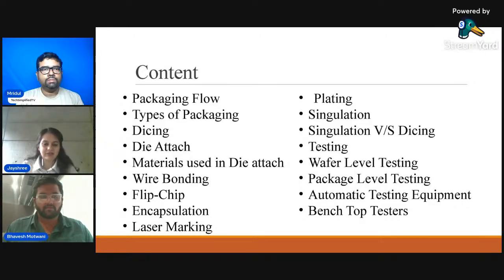Firstly we will start with what the packaging flow is, then different types of packaging, and lastly the testing. Okay, so let's begin with the roadmap.